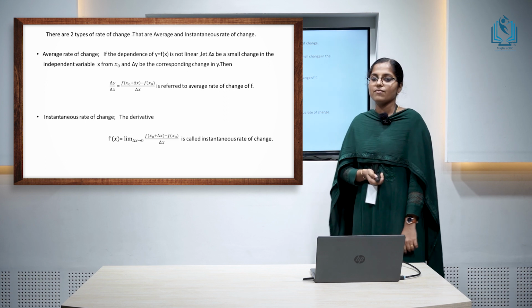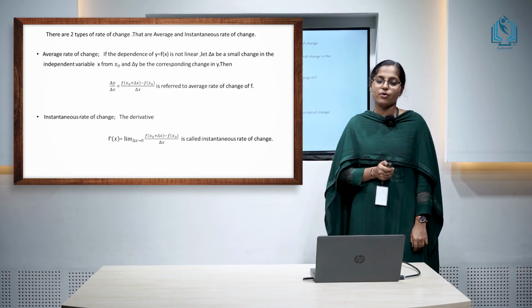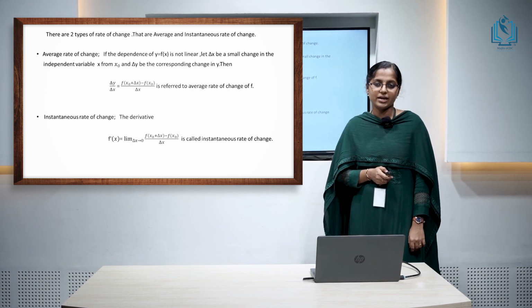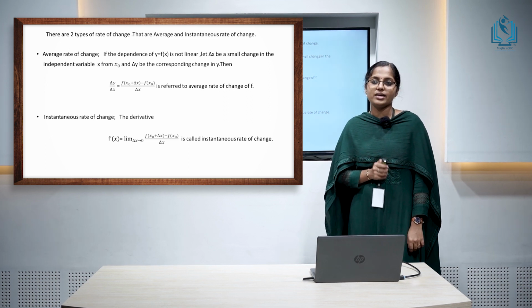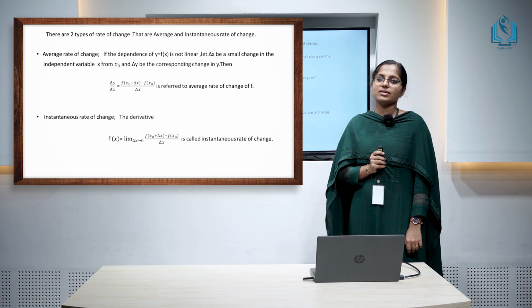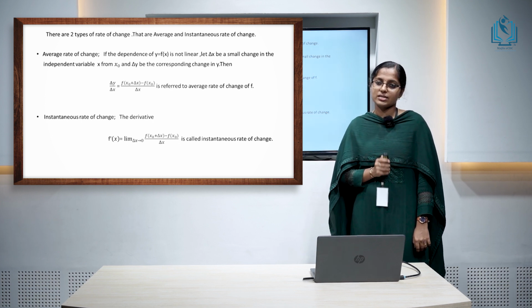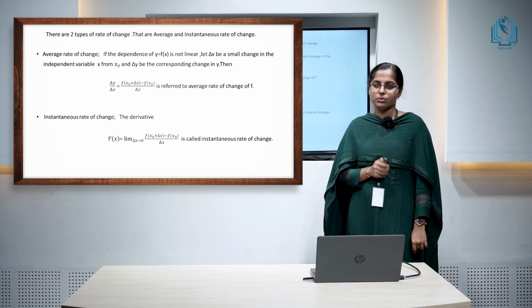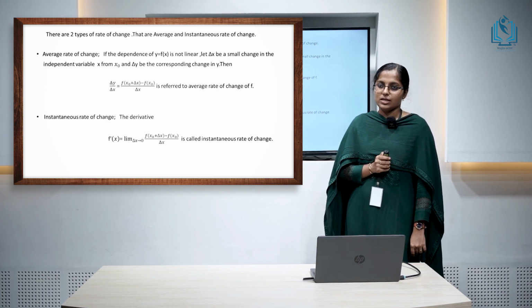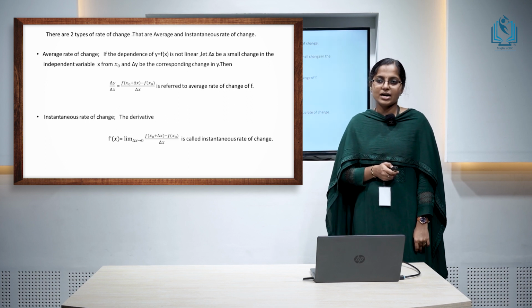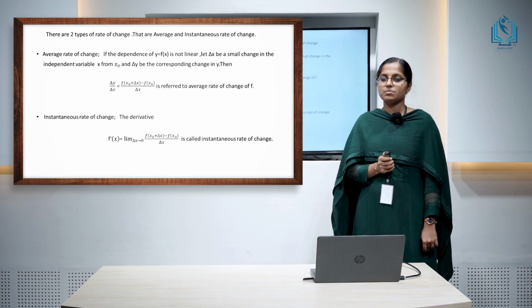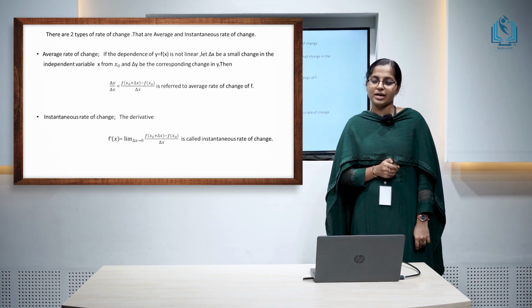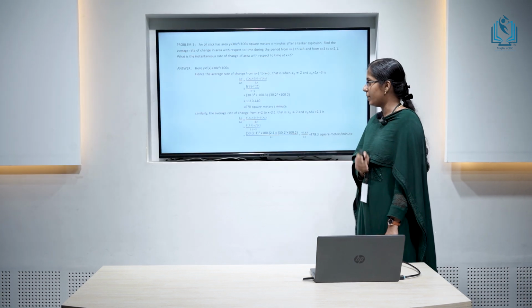Then delta y by delta x equals f of x naught plus delta x minus f of x naught, divided by delta x, and it is called the average rate of change. Another type is instantaneous rate of change. Instantaneous rate of change is delta y by delta x equals the limit as delta x tends to 0 of f of x naught plus delta x minus f of x naught, divided by delta x.